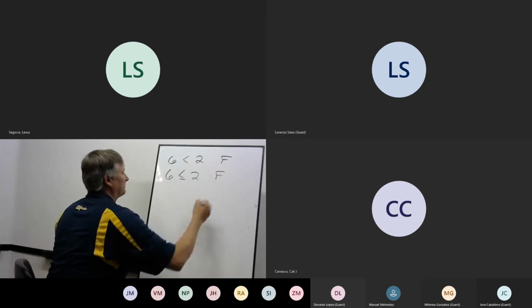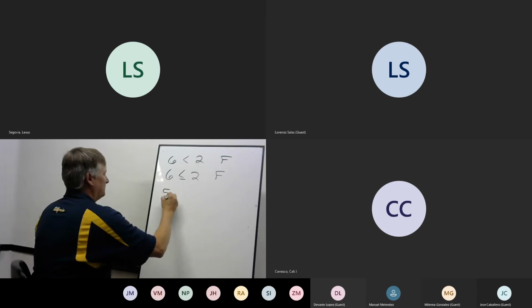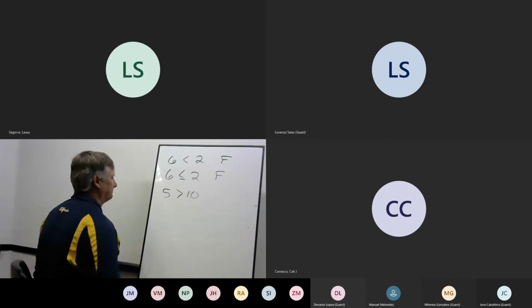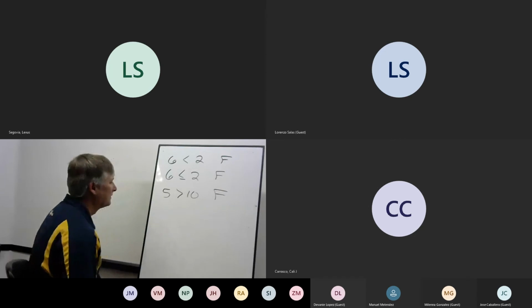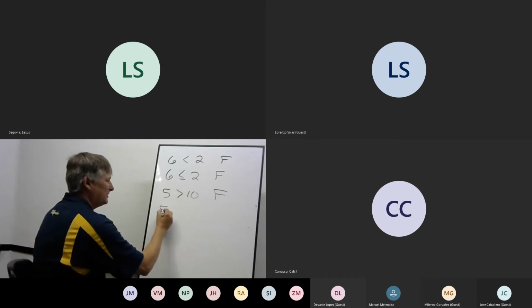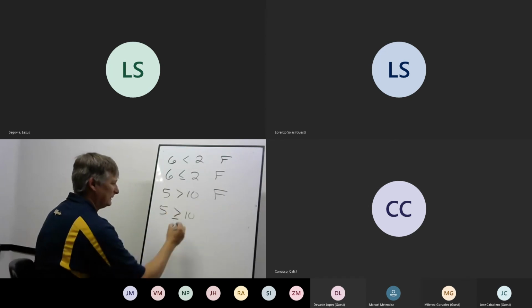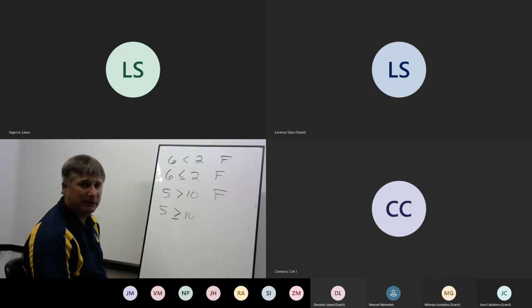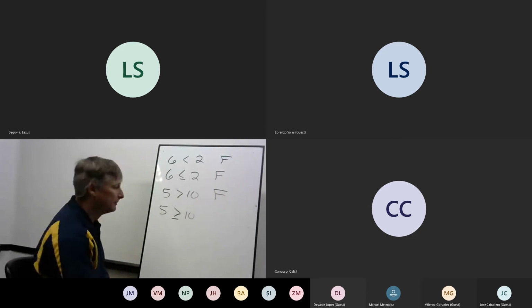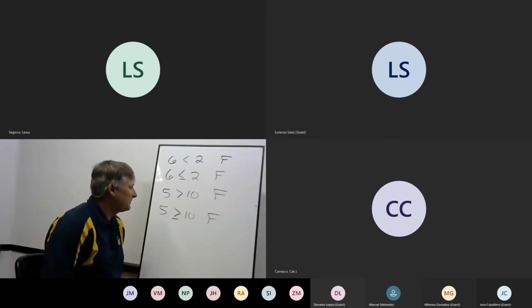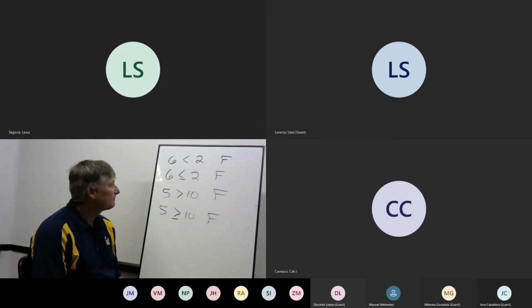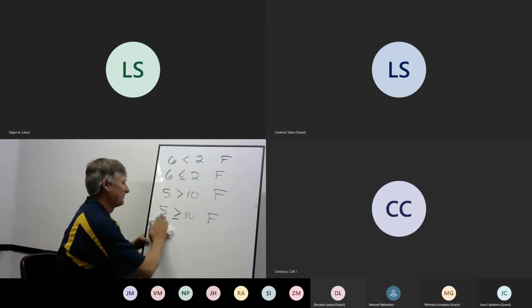This one's no good. 5 is greater than 10? 5 isn't greater than 10. 5 is greater than or equal to 10? Well, it's not greater than 10. It's not equal to 10. That's false again. So that's how we use these inequalities. Any questions about that?